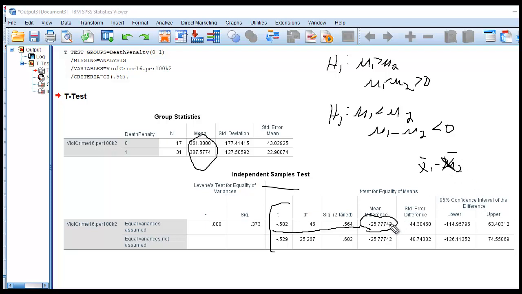Now, is this difference statistically significant? If I say that this difference is statistically significant, then I would infer that there's a significant difference between the means in the population. So again, in considering that question, I have to consider what the nature of my hypothesis was. Let's just say, for argument's sake, my research hypothesis was that there would be a significant difference in the population means between the two groups.